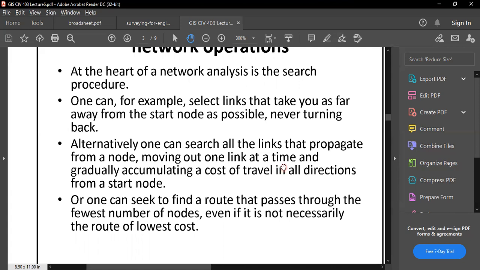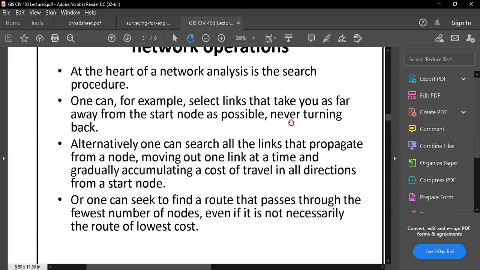So what it actually means is that we can find a cumulative cost. That is also possible. We can seek to find a route that passes through the fewest number of nodes, even if it's not necessarily the route of lowest cost. What does that mean? How can we go on a network and choose to go on the fewest number of nodes to get to a destination?